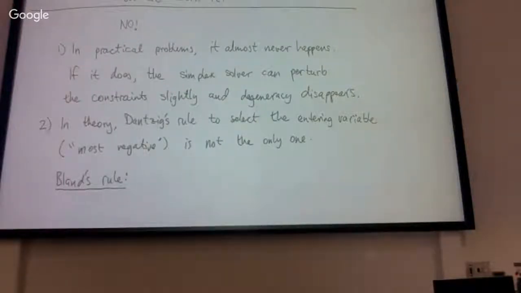It's called the least index. If you order all the variables appearing in your problem, x1, x2, x3, and then all the slack variables s1, s2, s3, you look for something negative in the Z row. But you don't look for the most negative; you look for the first negative you find reading from left to right.